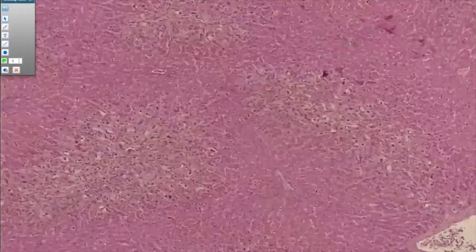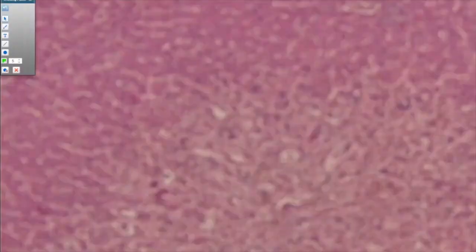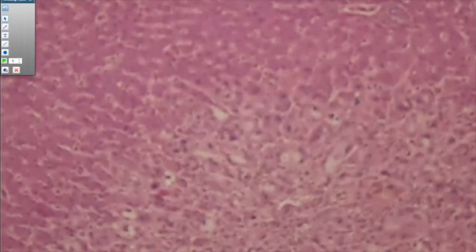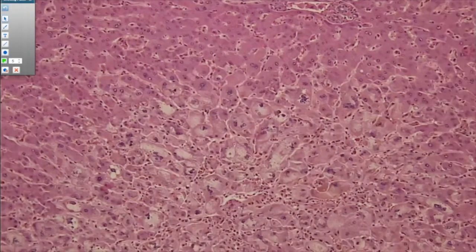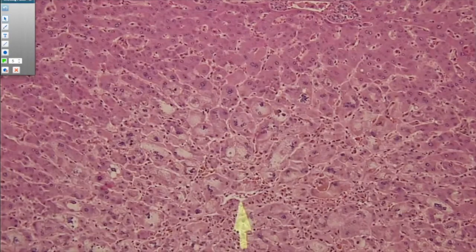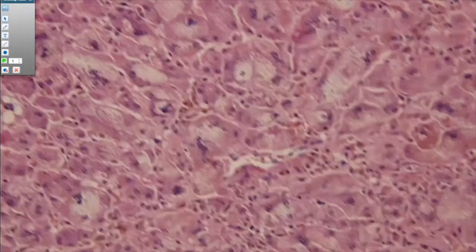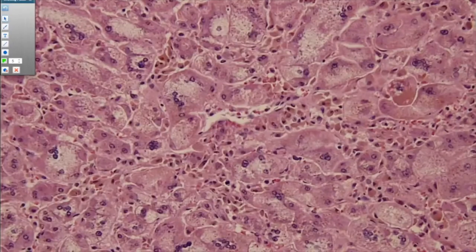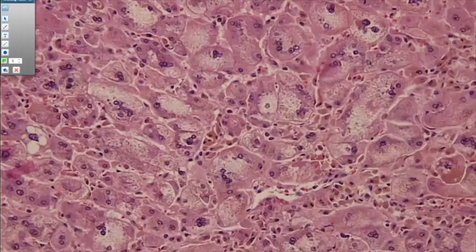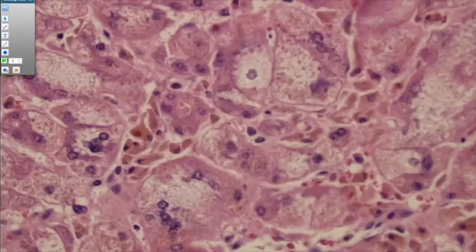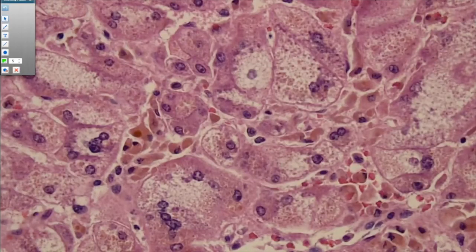This is a drastic case. Here is the central vein and zone 3 hepatocyte necrosis, degeneration, and cholestasis. And you can see histiocytes here. And this is preservation injury.